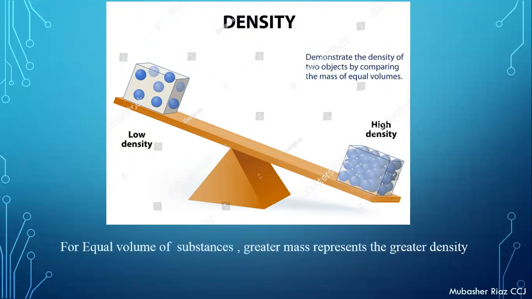Hence for equal volumes of substances, the substance with greater mass will have greater density, and the substance with smaller mass will have less density. So density depends upon two factors, mass as well as volume of a substance.